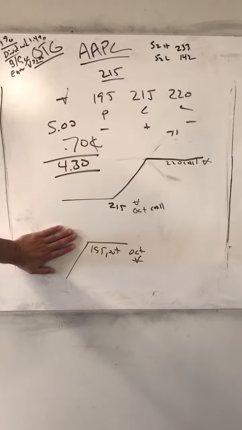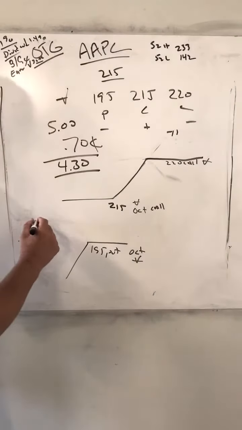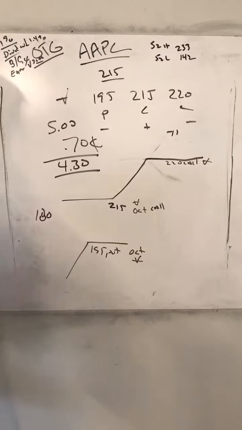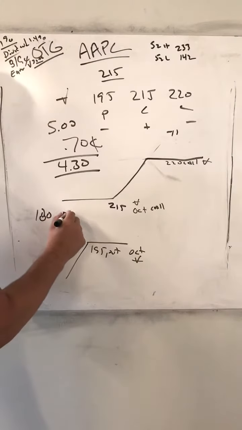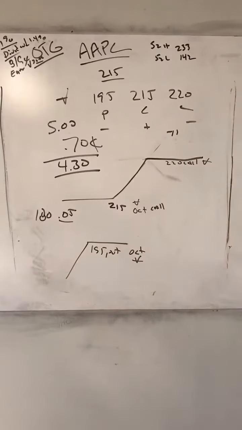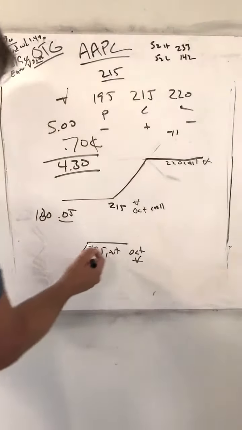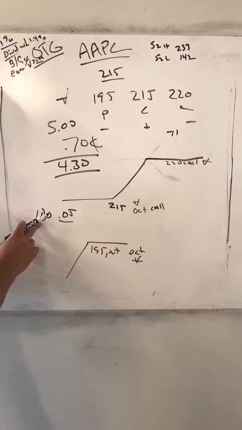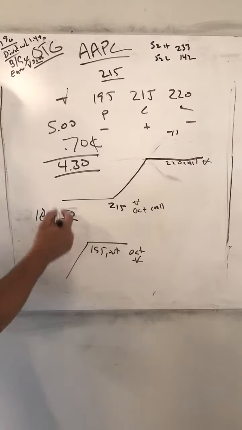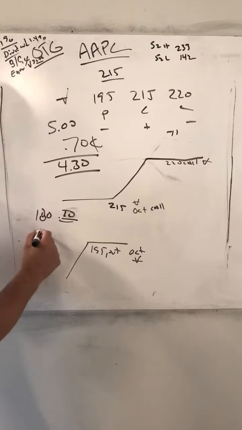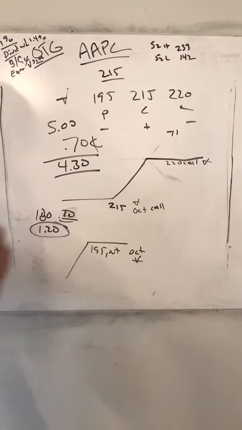195 is where we have to buy it. So let's just say it could go as low as 180. I should have looked and seen what this put price was. I'm not sure what it is, but I bet it's probably 50 cents. I'm just making a guess here. I wasn't prepared. So if we buy the 180 put for 50 cents, that's going to take the trade from 70 cents to $1.20, right?